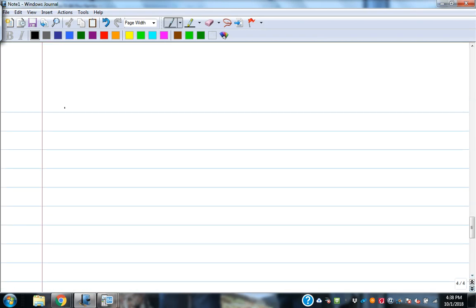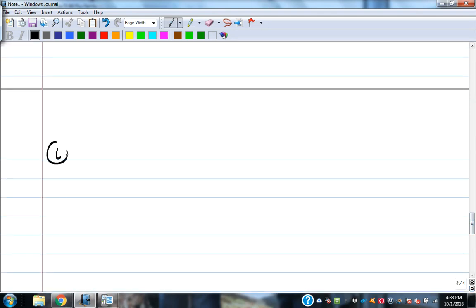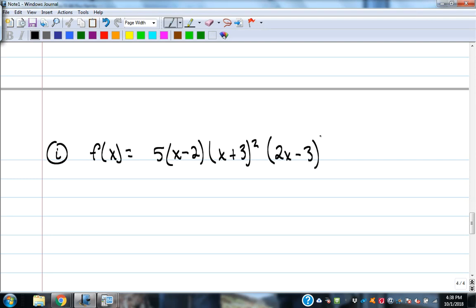Okay, so f of x equals 5 parentheses x minus 2 parentheses x plus 3 squared parentheses 2x minus 3 cubed. Okay.